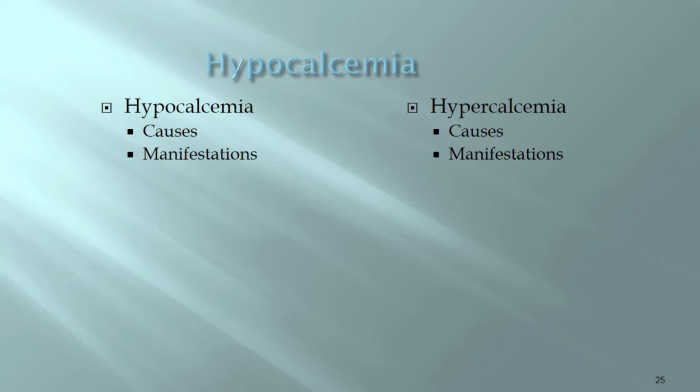Then it gets even worse, because patients with hypercalcemia will experience bone fractures, kidney stones, and constipation, which is a result of decreased muscle tone in the gut. So how to treat?